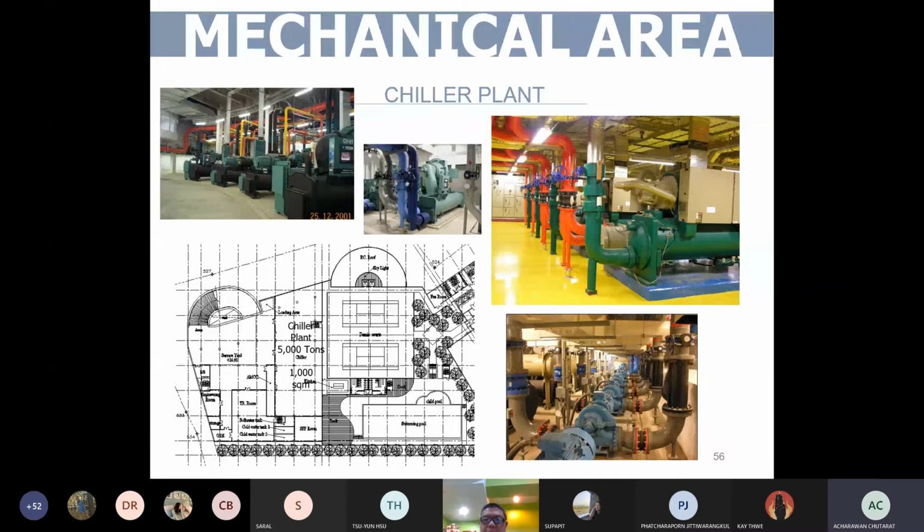Okay, I see. So if students have a chance to design, the criteria for a chiller room is near the center, near the MDB room, accessible if possible, and also to avoid the flood too.